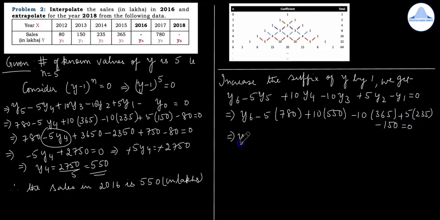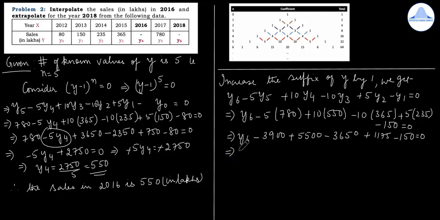So which implies y6 minus 3900 plus 5500 minus 3650 plus 1175 minus 150 is equal to 0.